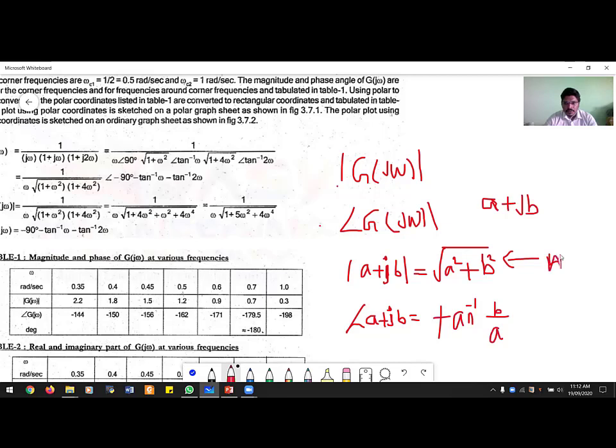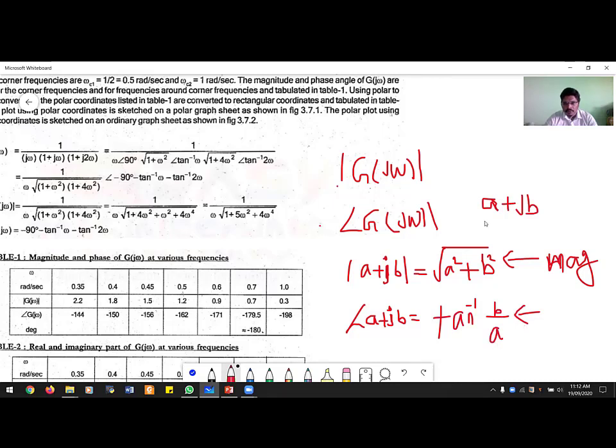This is a basic complex variable formula you might have studied. Likewise, the phase angle of this complex term is tan inverse of b by a, where b is the imaginary value and a is the real value.